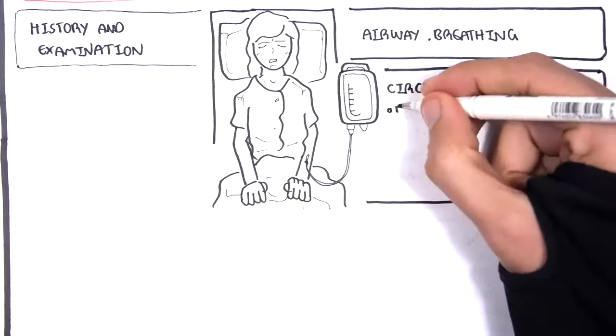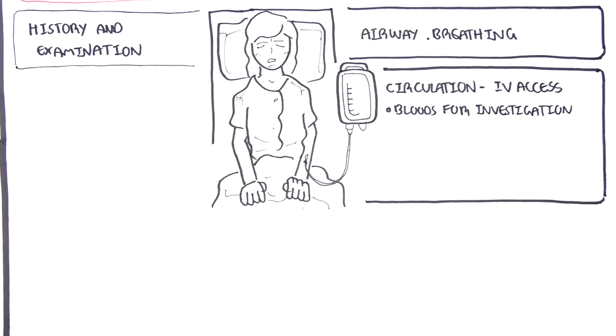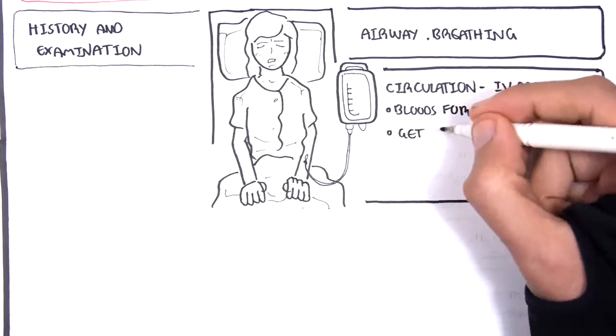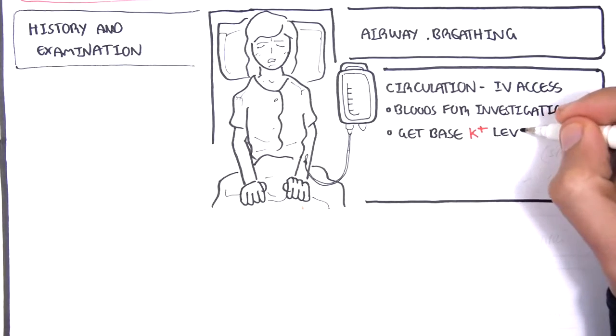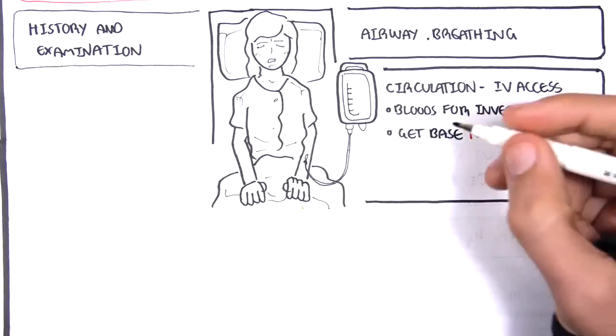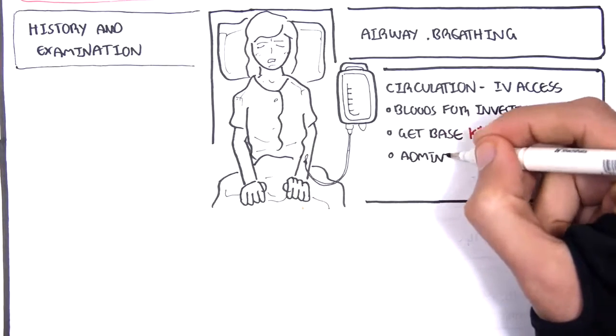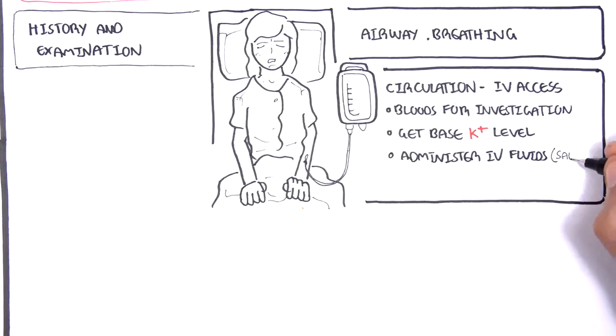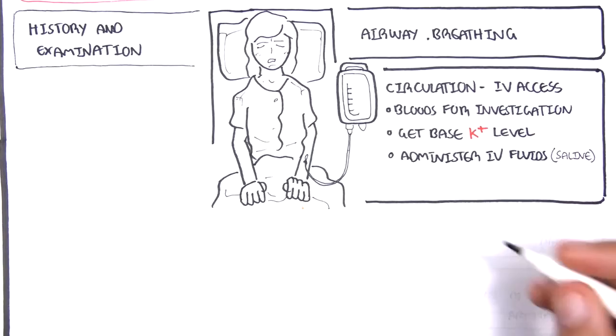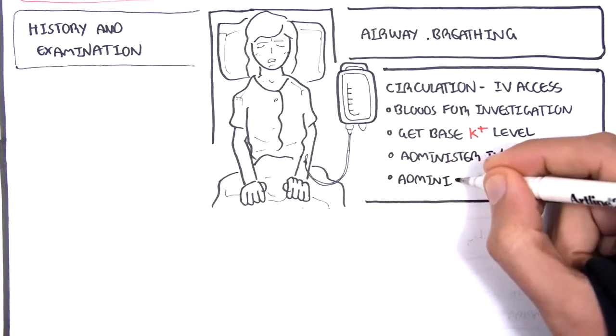First, to get bloods for investigation. It's also important here to get a baseline serum potassium level. After getting the bloods for investigation, administering IV fluids, saline, and also administration of insulin slowly is very important.